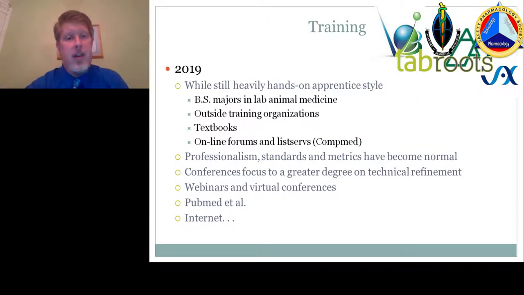And that's changed. That's changed a lot. Not so much in the training. Still very heavily a hands-on apprentice style of training. But now the average person who comes into the field has a bachelor's, often in biology or chemistry or lab animal medicine.